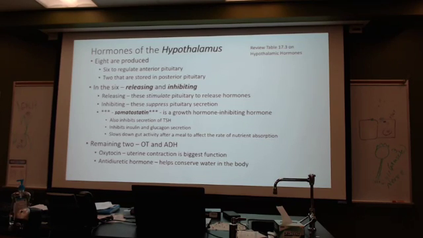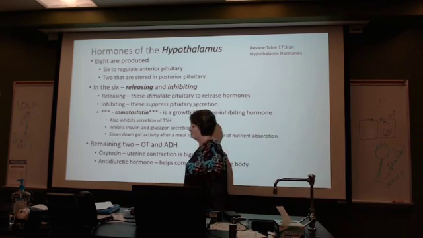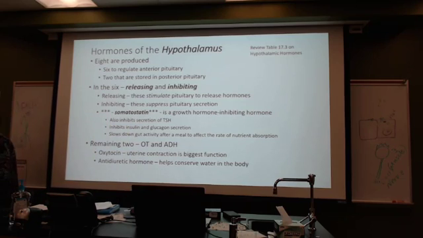So if we look at the area of my hypothalamus, the area of my W, okay? 8 hormones total are produced. 6 move to the anterior, 2 to the posterior.